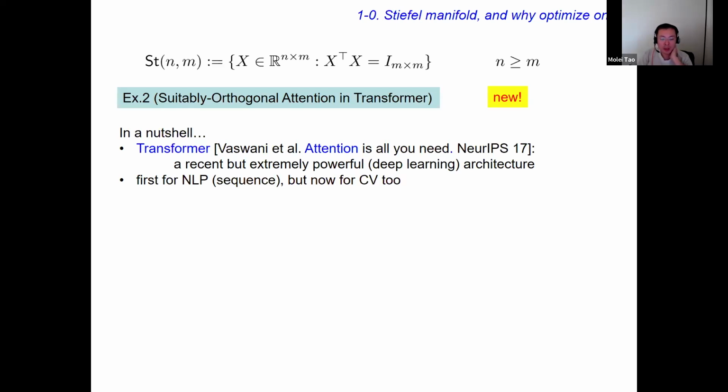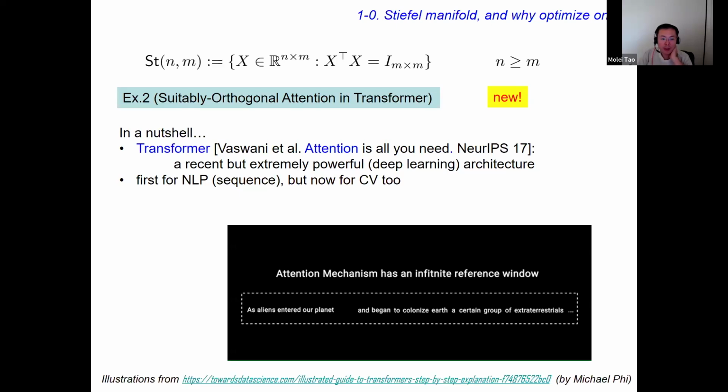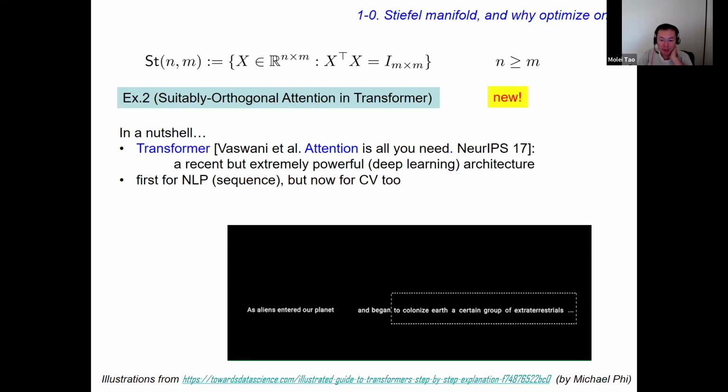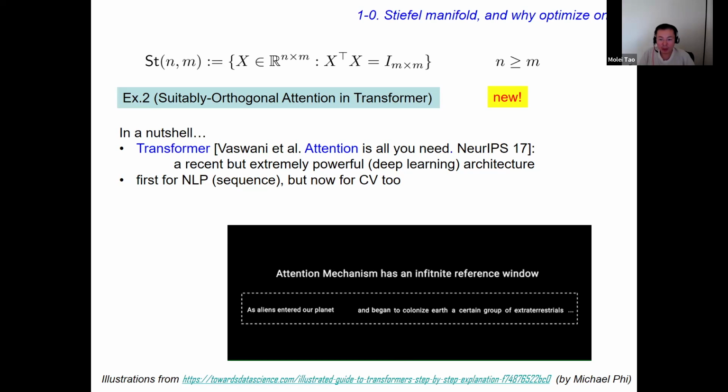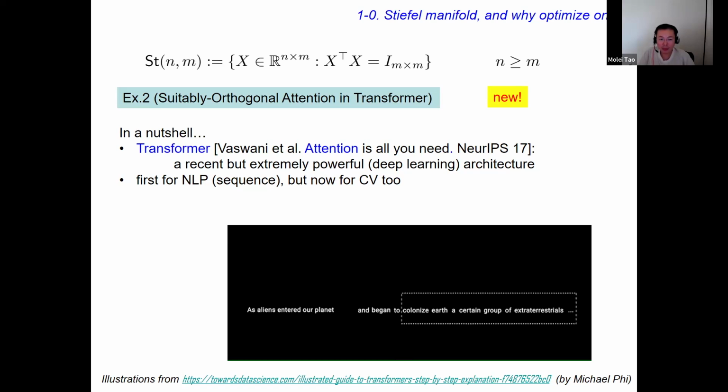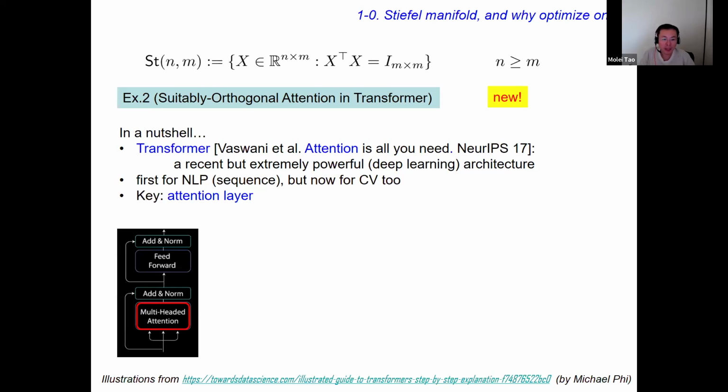So let's just think about sequences. It's based on the attention mechanism, which has an infinite reference window, which is good for dealing with sequences. For example, a recurrent neural network has a short reference window. Of course, therefore, a lot of efforts have been made. For example, GRU and LSTM have longer reference windows, but the attention mechanism in the transformer really has an infinite reference window, and it's implemented by something called an attention layer.